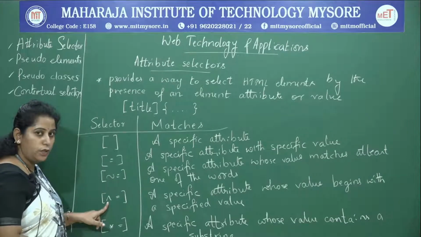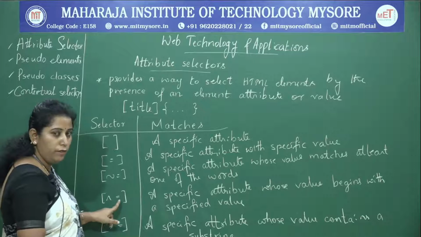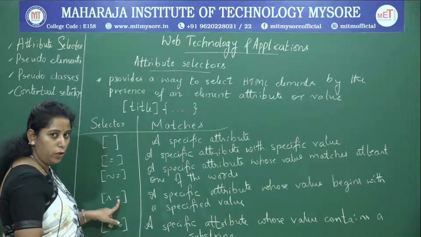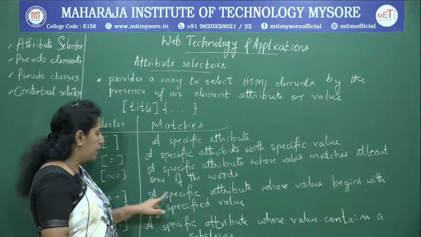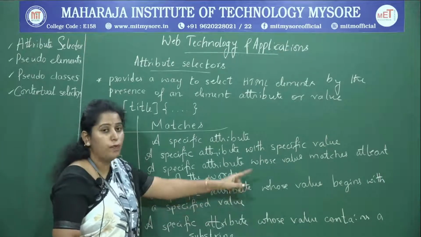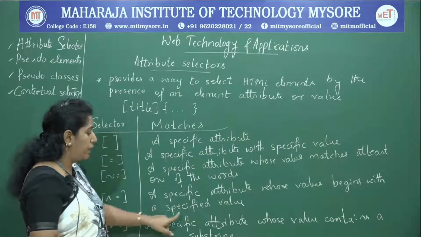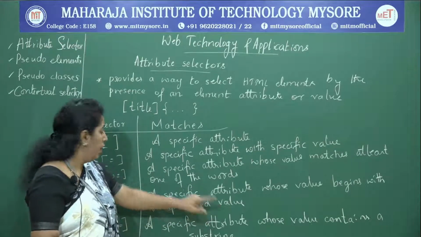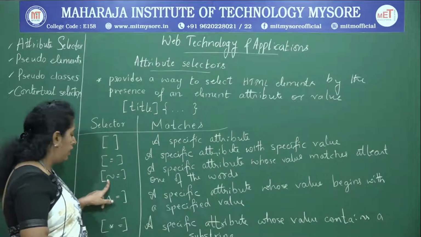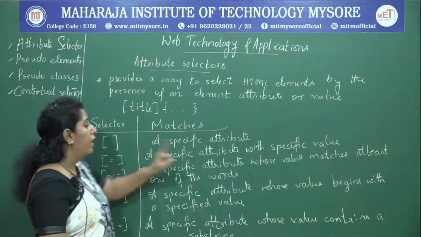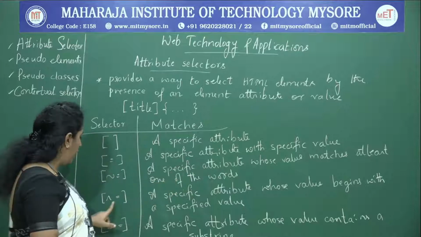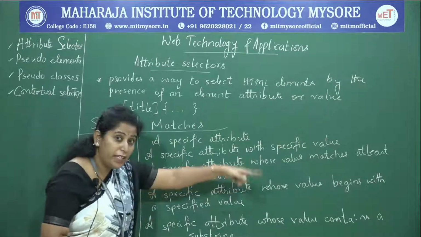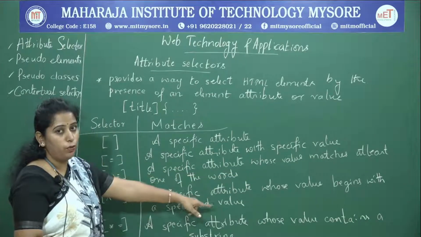Next, you use the caret symbol along with an assignment operator, which means the equal operator. It matches a specific attribute whose value begins with a specified value. Whereas in the previous type of selector, the value matches at least one of the words, here the value must begin with the specified value only.